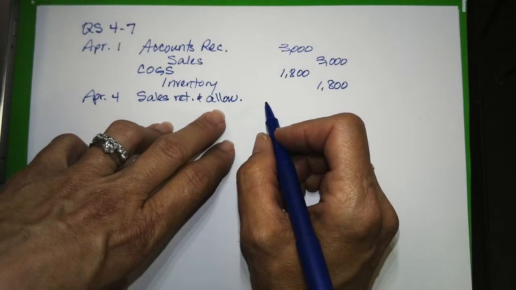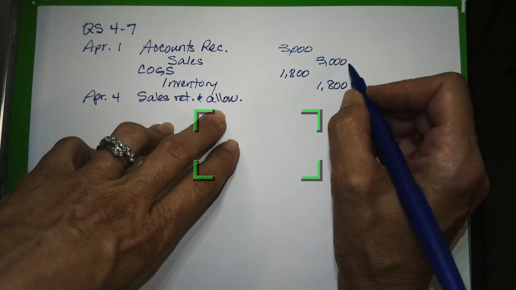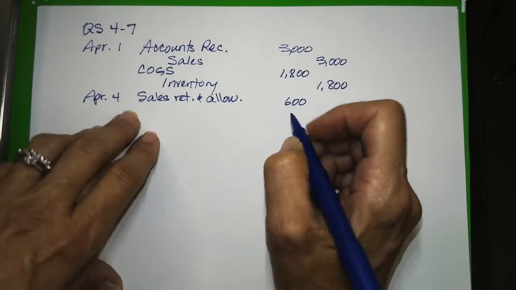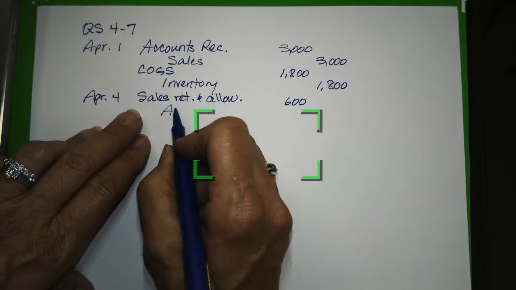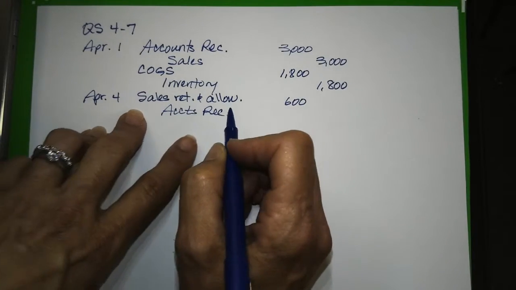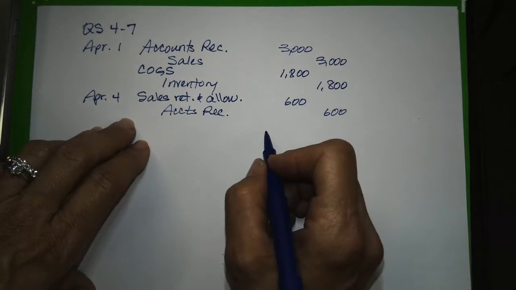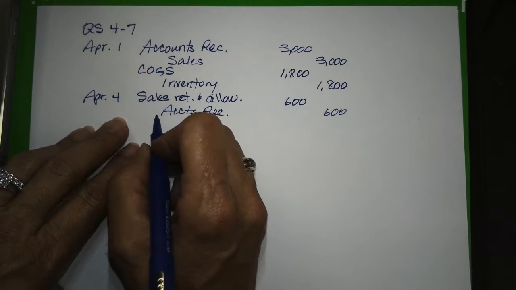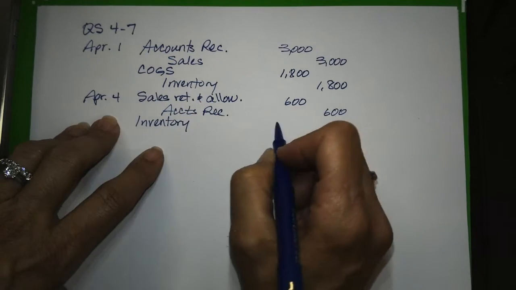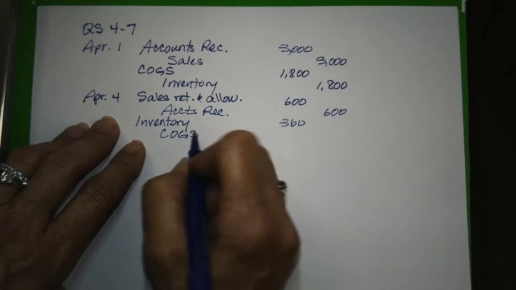What that tells you is it is a contra account against sales, which has a credit balance. Okay, so $600. And guess what? They're not going to pay us for that, so we're going to reduce their accounts receivable account for $600. Can't stop there. We got to put $360 back into inventory and reduce cost of goods sold.